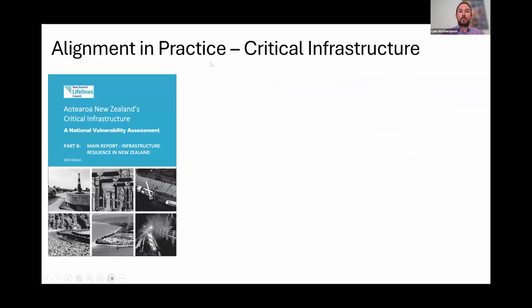And just to give some examples of the work they do at the national level with the New Zealand Lifelines Council, they have regular updating of a national vulnerability assessment looking at infrastructure resilience that runs through all the different sectors, talks to dependencies and explores the different types of hazards.